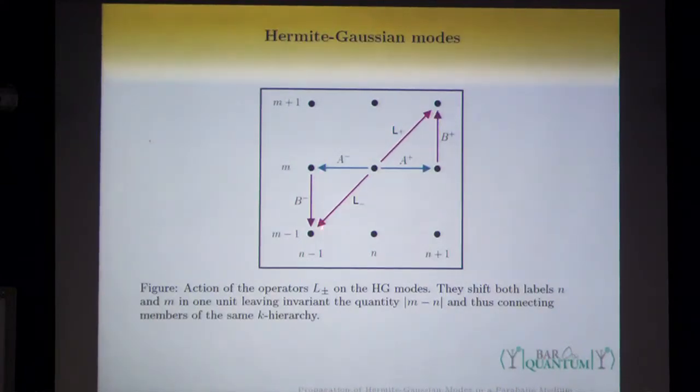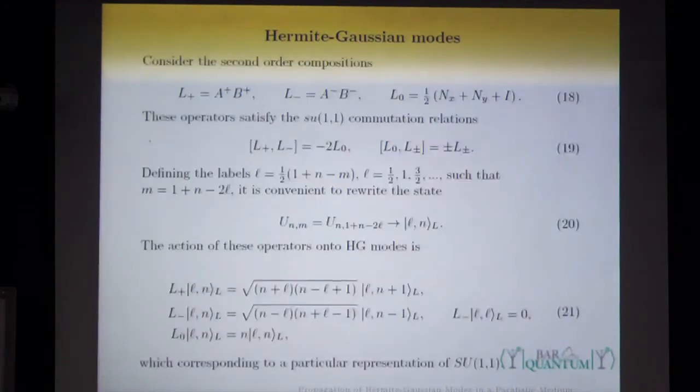Operator L allows us to shift within a specific hierarchy. We define these operators as a combination of the operators A and B, so that they satisfy this commutation relation.